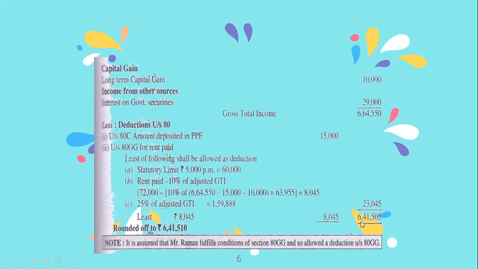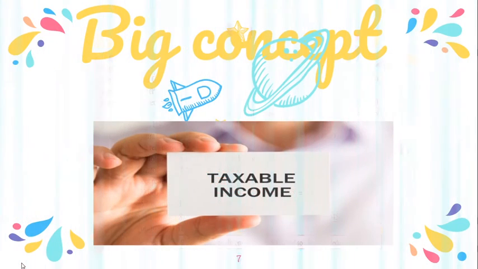So your final income comes to 6,41,505, which is rounded off to the next 10 rupees, which is 6,41,510.